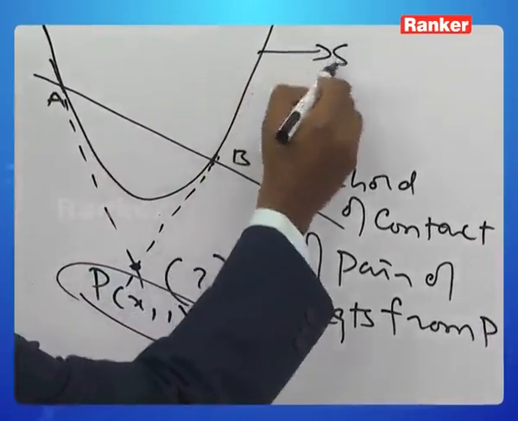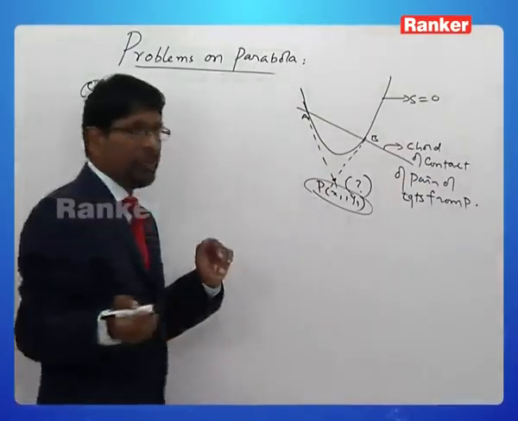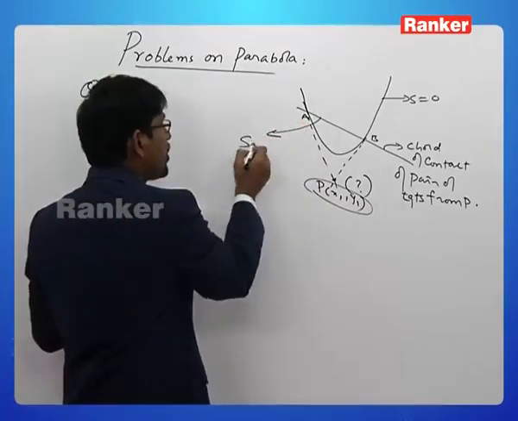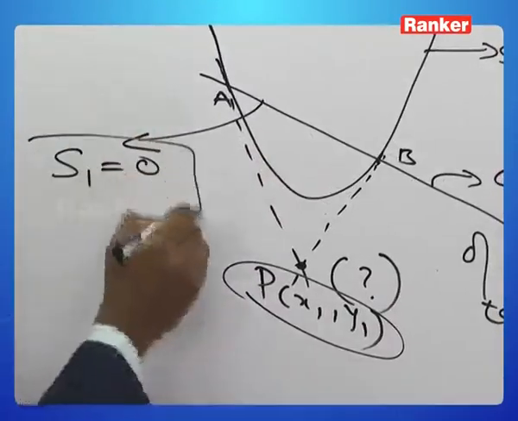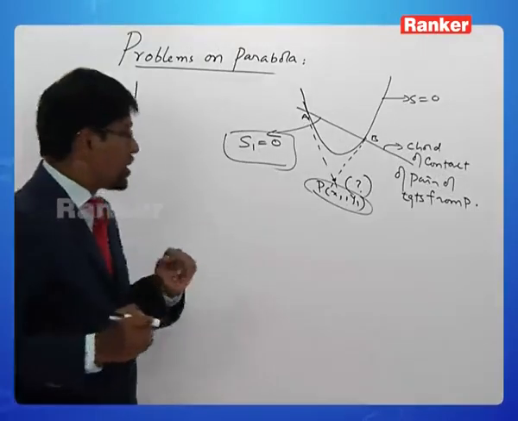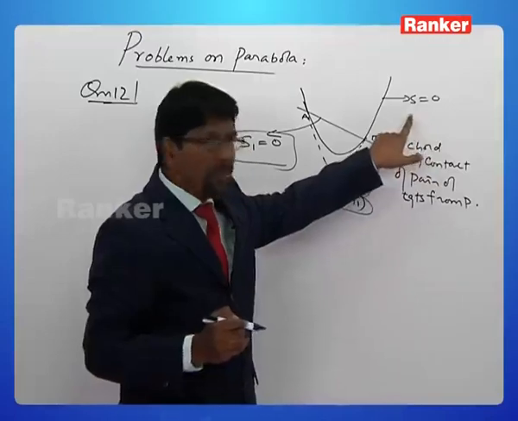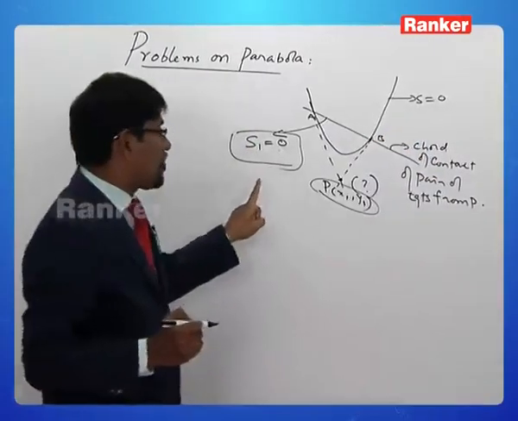Whenever S equal to 0 is the equation of the parabola, S1 equal to 0 gives the equation of the chord of contact. This is a fact that we must know, right? To do this problem, we need to know this.